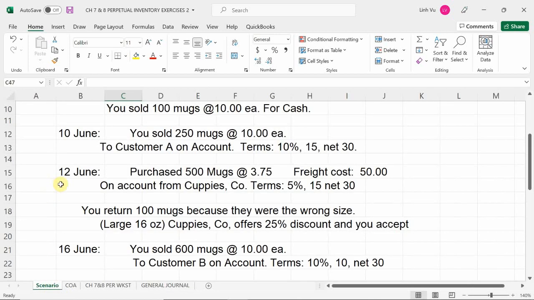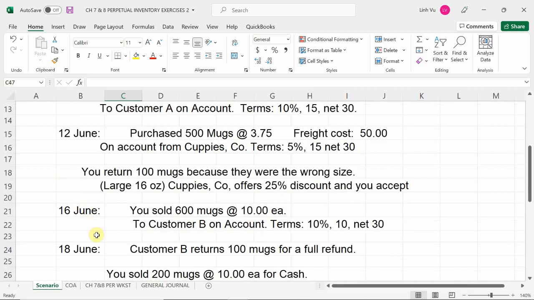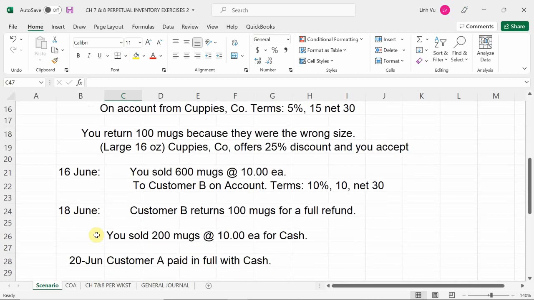So then let's see what happened next. June 16 rolls around and you end up selling 600 mugs at $10 each to customer B on an account, 10%, 10 net 30. So this guy gets shorter terms because he's going to owe me a lot of money.